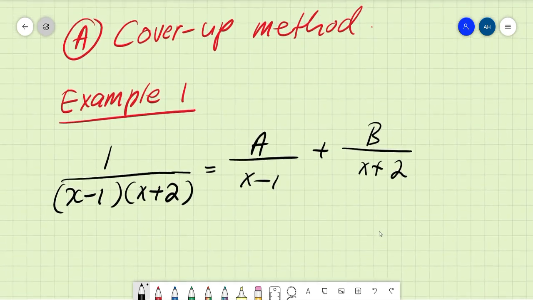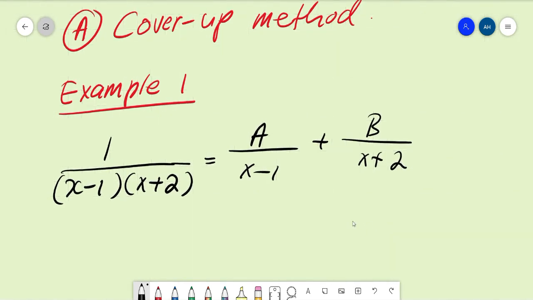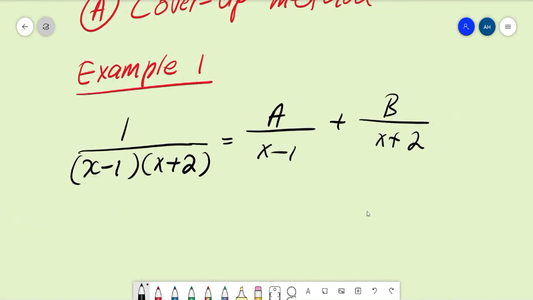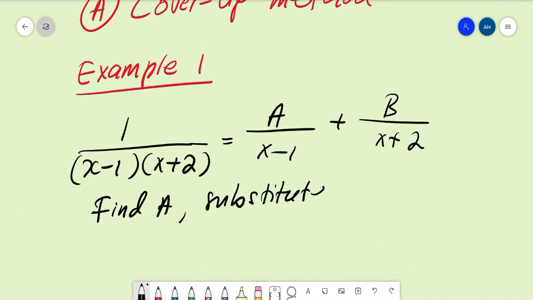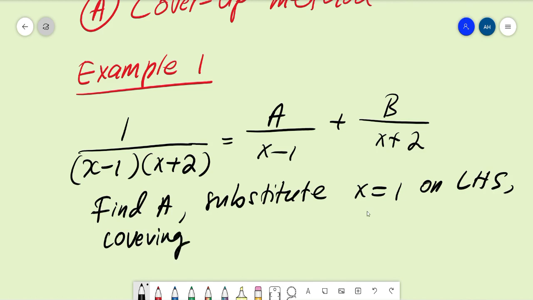By using the cover-up method, what we have to do next is to find a. To find a, substitute x equal to 1 on the left hand side, at the same time covering or cancelling x minus 1.